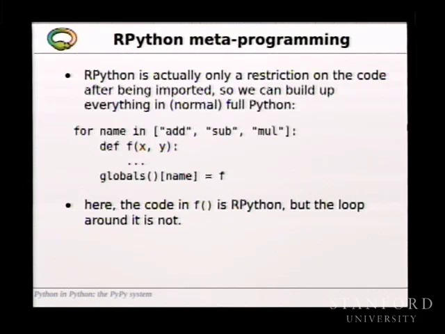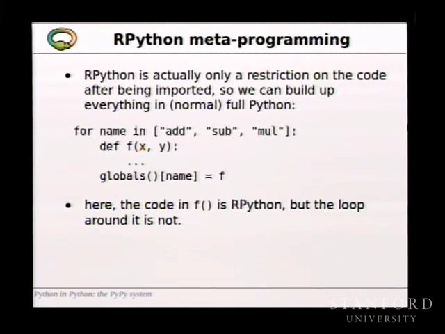The most important example, I would even say, is that RPython is a restriction not on the source code of the language. If you take the source code, you cannot decide if it's RPython or not, because what we do is import the RPython code normally in a Python interpreter, and then at import time you can do whatever you want.